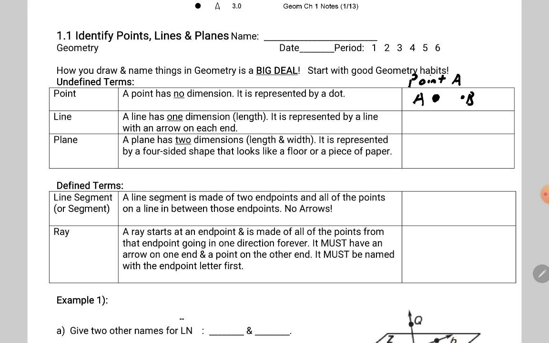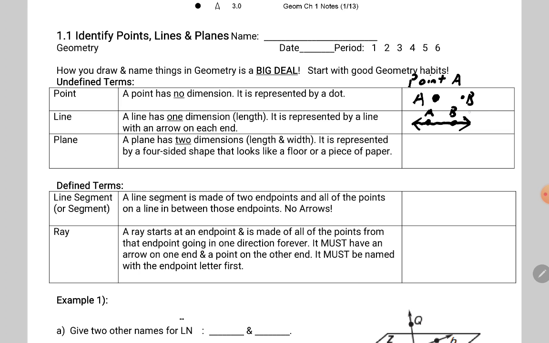A line has one dimension. It is represented by a line with an arrowhead on each end. So I've got an arrowhead here and an arrowhead there. Normally a line consists of 2 points, but sometimes it doesn't have to.